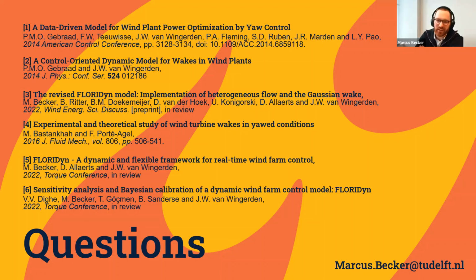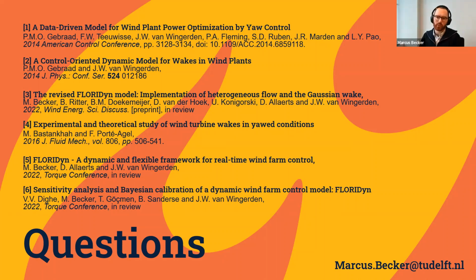Yeah, that's a good question. That actually has been done. Peter Gebraat also used his implementation to implement a Kalman filter, and then used the current state and interaction to derive the Kalman gain matrix in order to correct the wind field states.